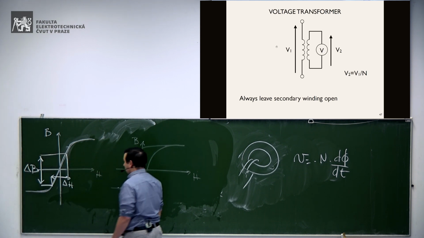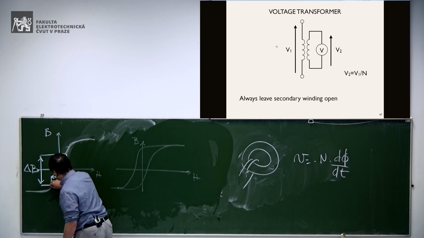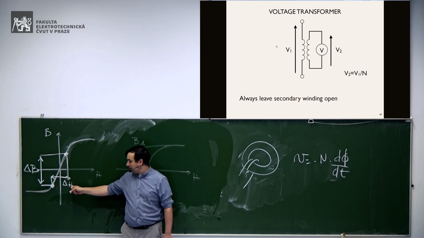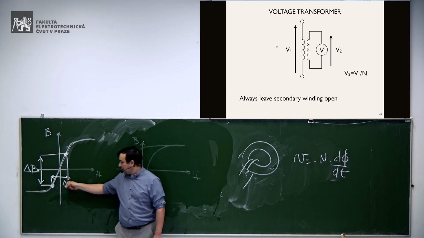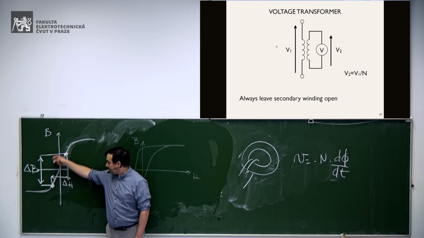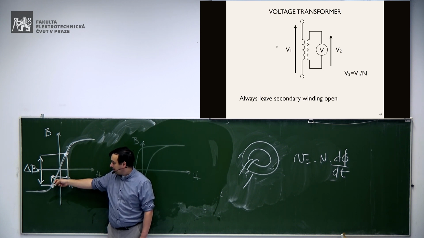You change your magnetic field, you create with the current a magnetic field H, it does change in time, and as a result, you get a magnetic flux density B, which is changing also in time.